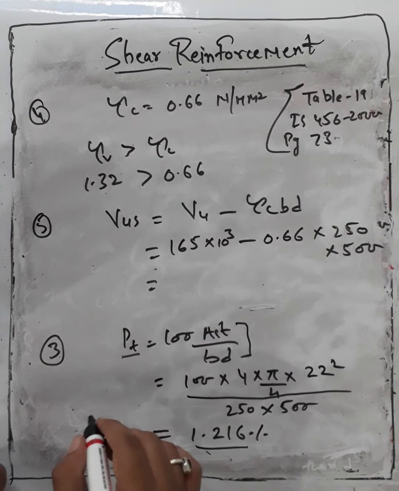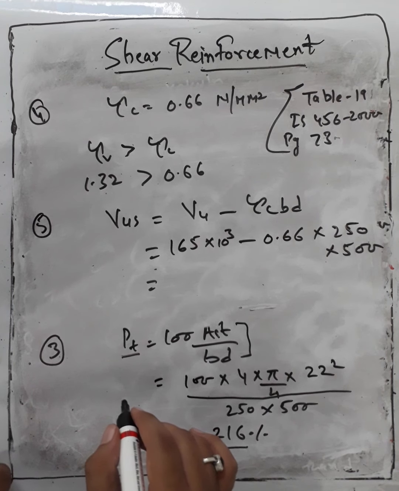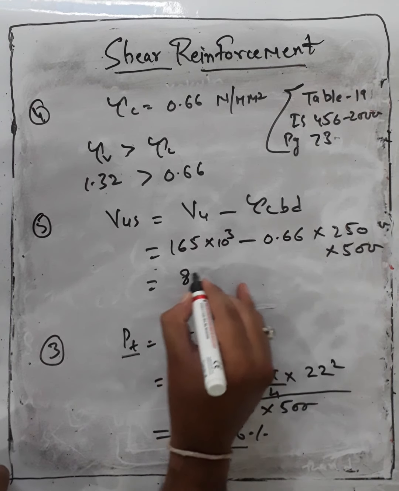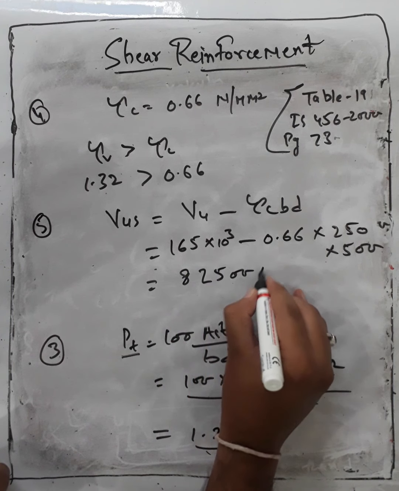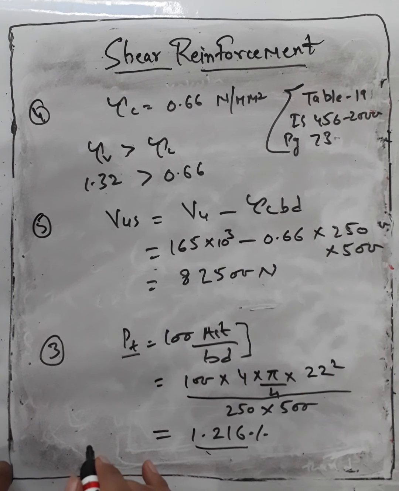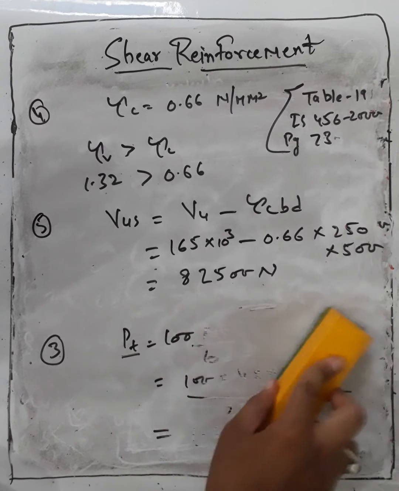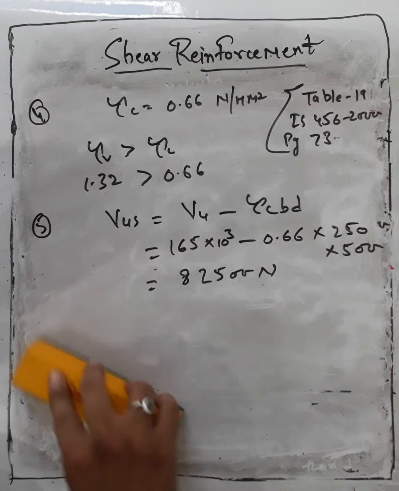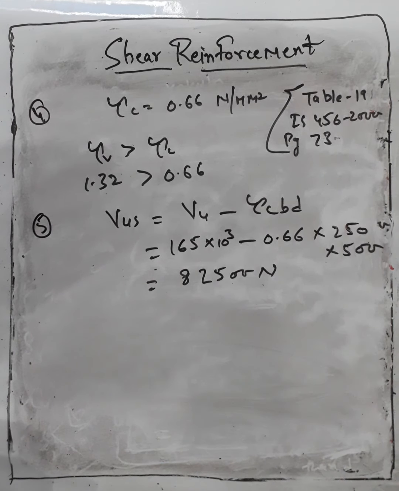After solving this, you get VUS equal to 82500 Newton. This is the shear force for which we design the shear reinforcement.